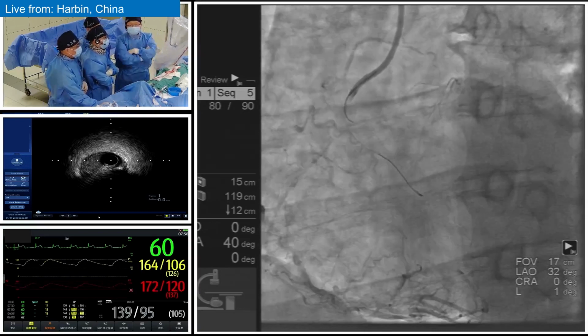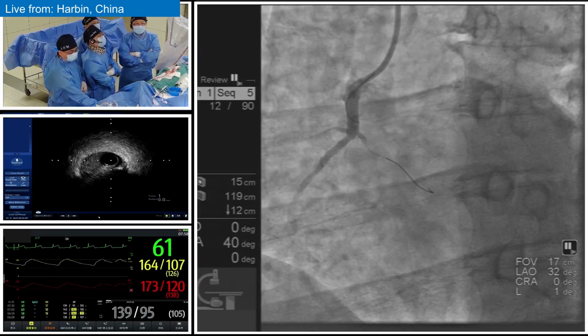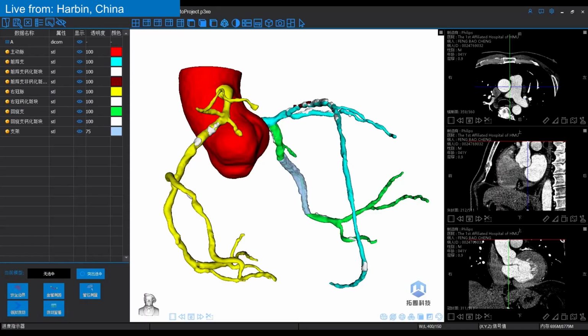Go back to the CTA, please. We use the AI visualization system to reconstruct the patient's CTA. But very interesting, as we know, CTA accuracy sometimes couldn't be 100%.